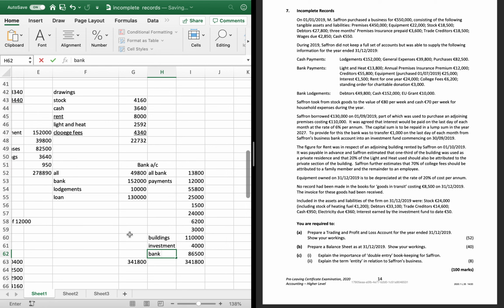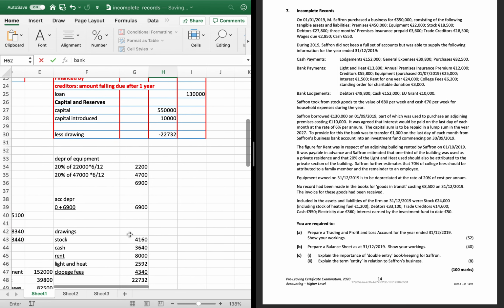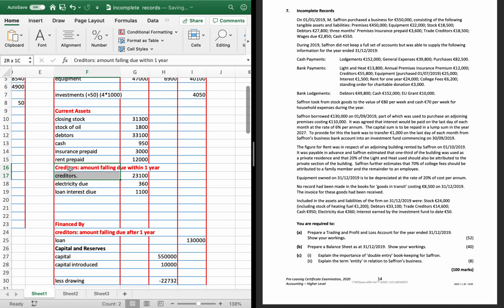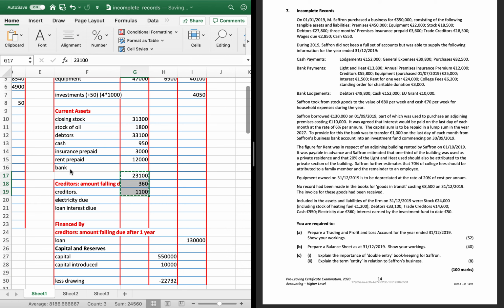And that's our asset. So we're going to put that 86,500 into our bank. Now I've completely run out of room here. 86,500. Okay, so that should be everything in.